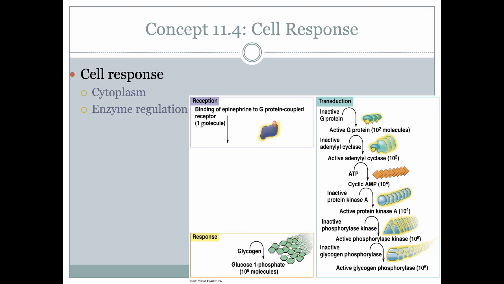So this example is essentially one of the examples of the fight or flight response. The fight or flight response is a hormonal response using epinephrine. Okay, so epinephrine is secreted into your bloodstream very rapidly, and it binds to a G protein coupled receptor on the plasma membranes of many different types of cells. And in this example, we're going to talk about muscle cells.